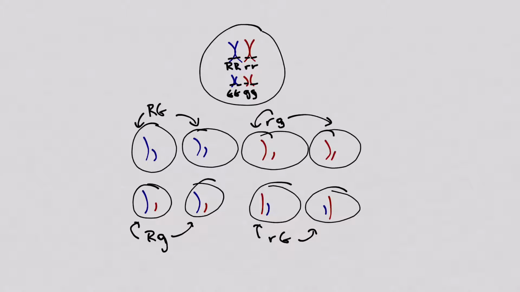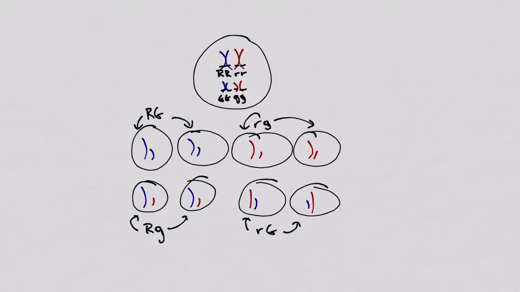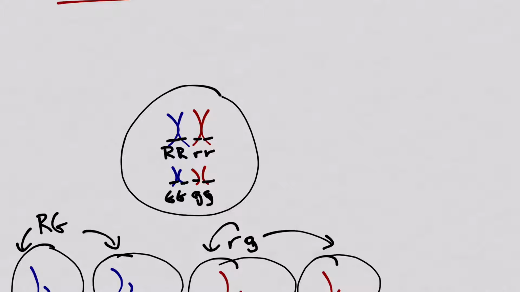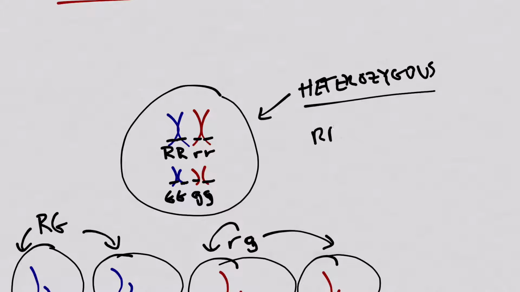Here are all of our possible gametes from this individual that is heterozygous at both genes. It's a bit confusing because the genome has already been duplicated, but before the genome is duplicated, this person is big R, little r, big G, little g.